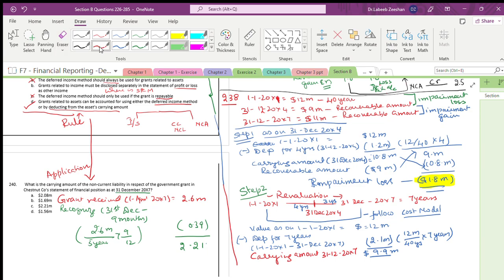Fine. This is the balance as on 31st December 2007. Next.